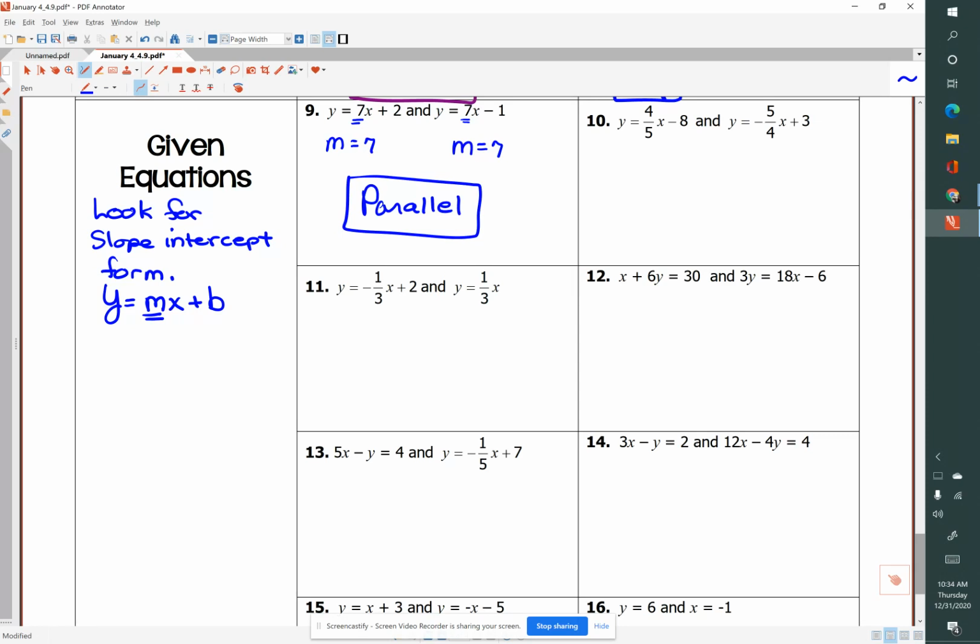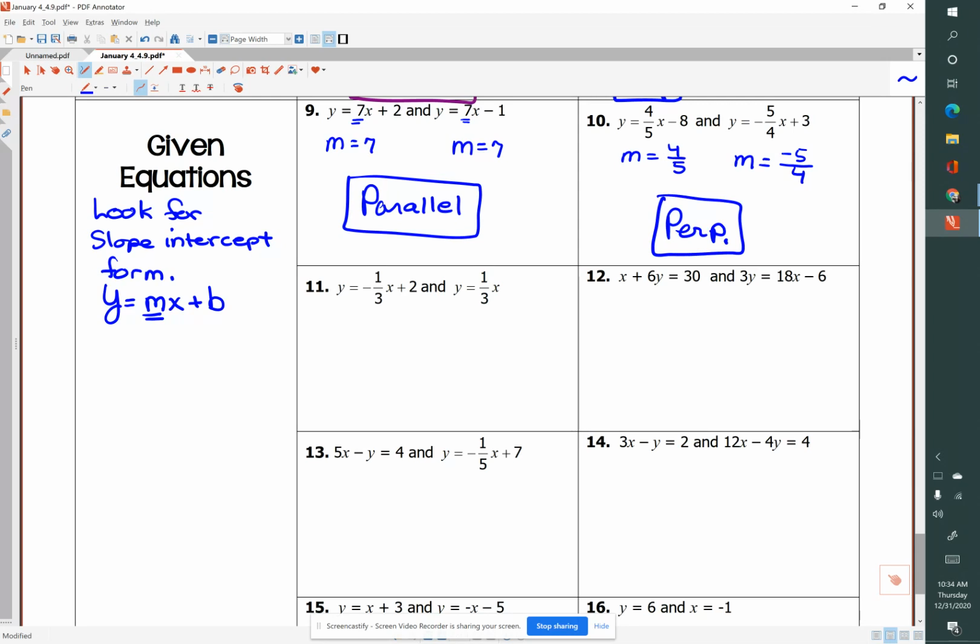Number 10, y equals 4/5 x minus 8 and y equals negative 5/4 x plus 3. In the first equation, our slope is 4/5, and in the second equation, our slope is negative 5/4. Those are the negative reciprocal to each other, so those lines are perpendicular.